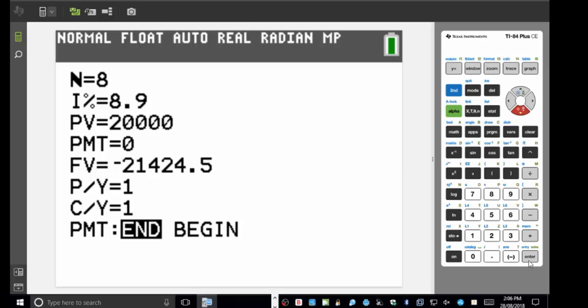The payment is 0. 15,000. Now, how often is it paid? Quarterly. So 4. Alpha solve on there. Alpha solve. Your $8,000 has to be paid back as 9,539.